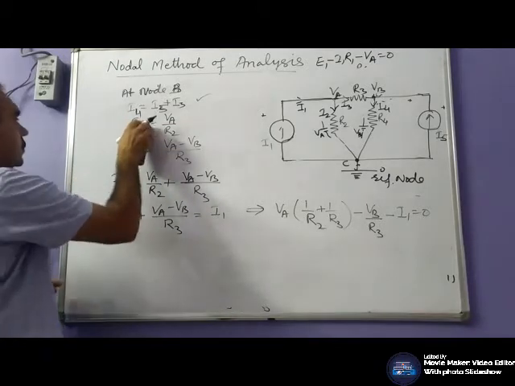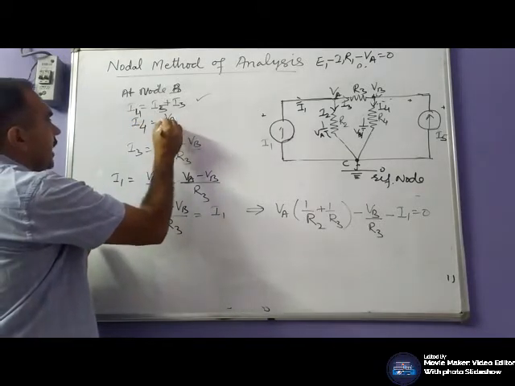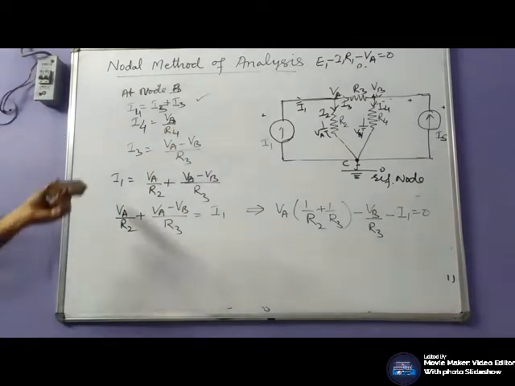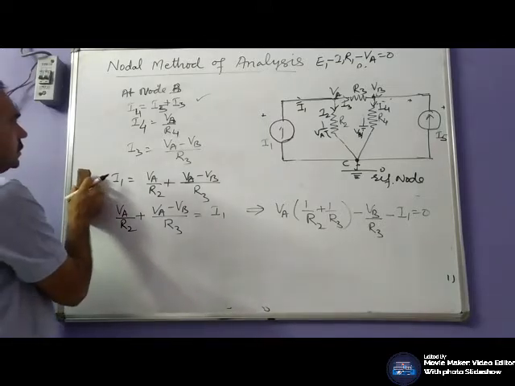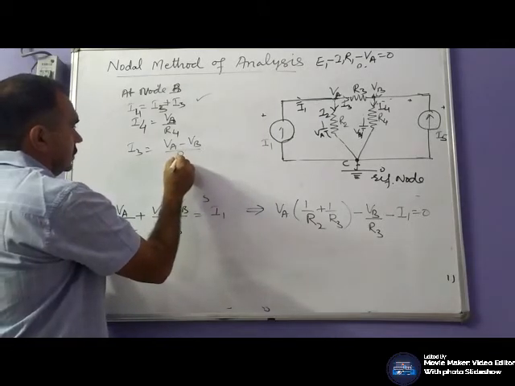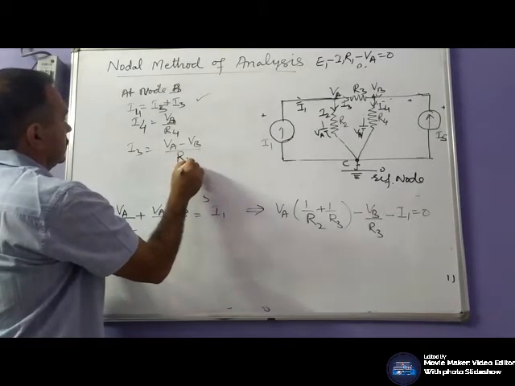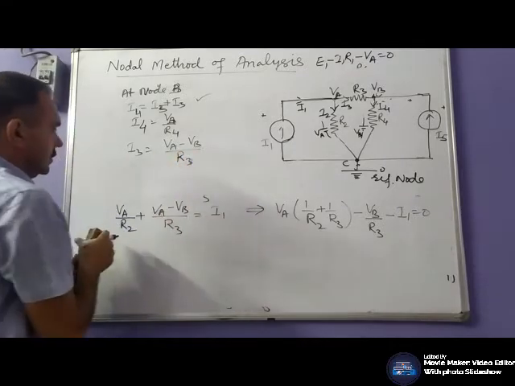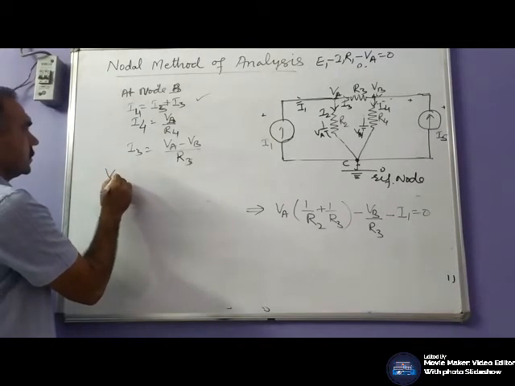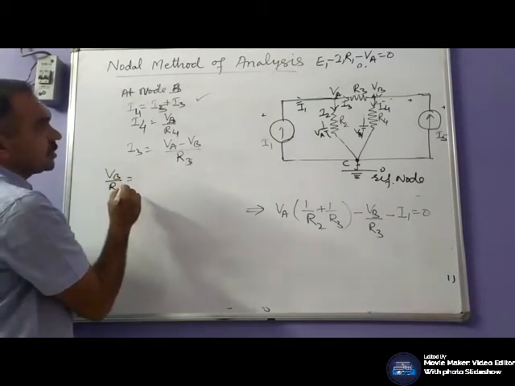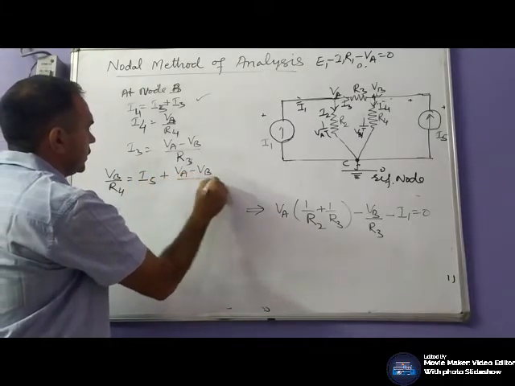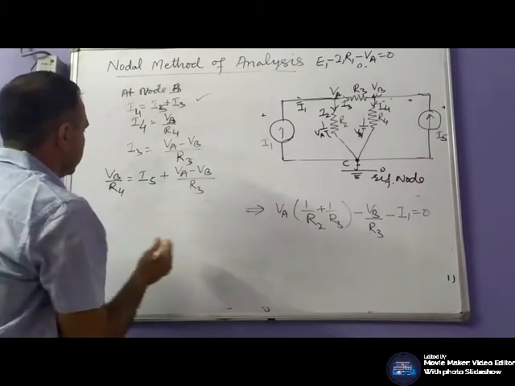I4 is VB by R4. Now this equation becomes VB by R4 is equal to I5 plus (VA minus VB) by R3.